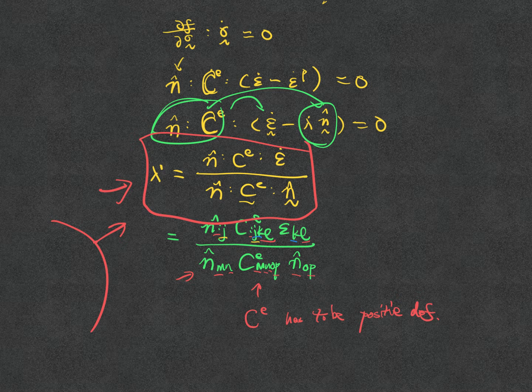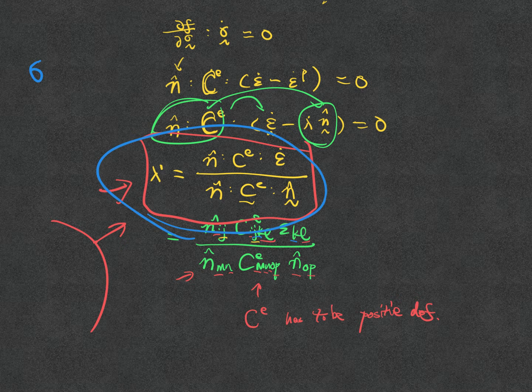Now the algorithm is needed whether you have a machine-learned yield surface or a handcrafted yield surface, because you need to make a prediction of whether the material is elastic or plastic, and then you need to correct it. I divided it here to rewrite the stress.